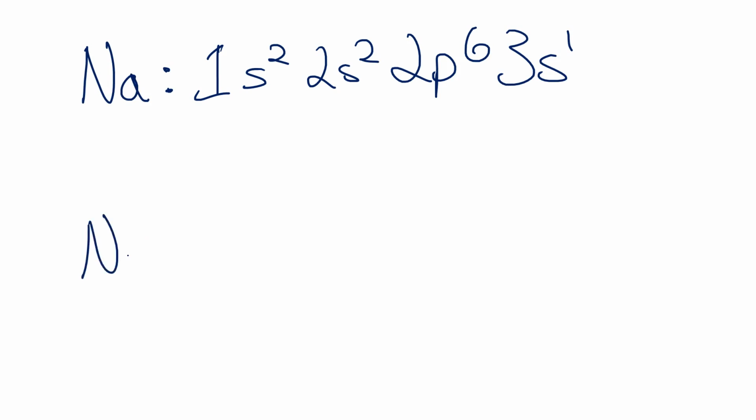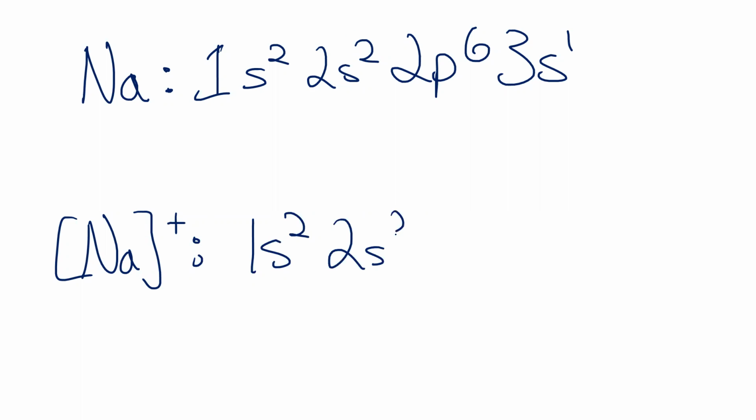The ion, sodium plus, will be 1s2, 2s2. How does it finish? You go 2p6, and then you go no más, no more. We lost the 3s1 electron. The 3s1 electron is the electron that was lost. Therefore, the electron configuration of the ion is simply one electron less.